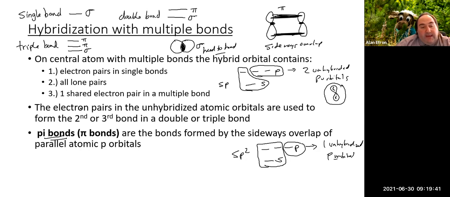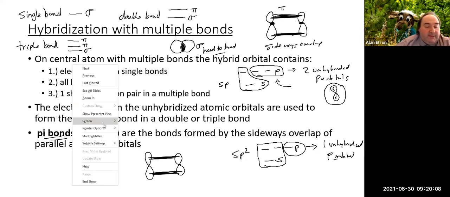You may be saying, well, how do I get two pi bonds? It actually occurs right about here. In this case, you will have not one unhybridized p orbital, but two unhybridized p orbitals. So you'll have a set of unhybridized p orbitals that will do your sideways overlap. Remember, p orbitals are along the x, y, and z axes.